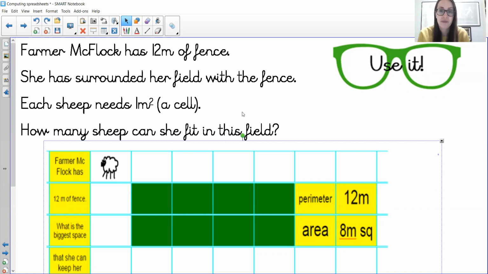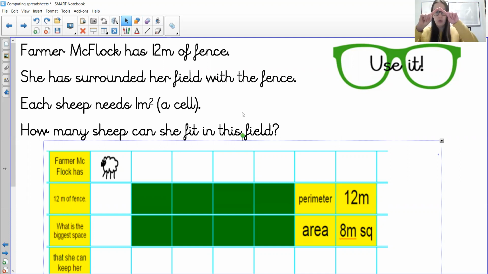Lovely. Okay, so here is a real life application of using a spreadsheet. Farmer McFlock has 12 metres of fence. Good thing to remember so far. You might want to write these down, you might want to keep them in your head. It's up to you. She has surrounded her field with the fence.